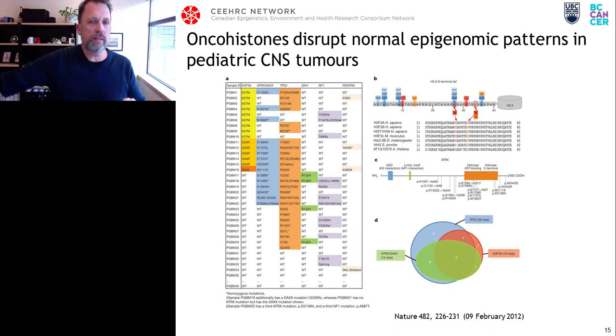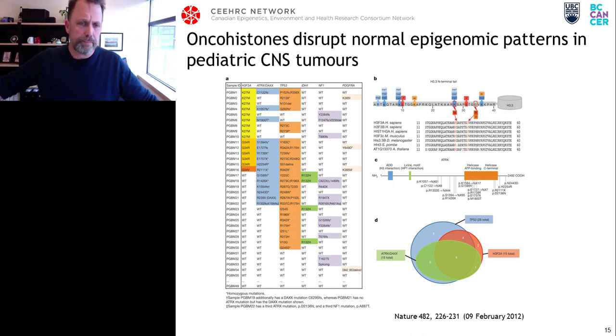And these are highly specific. So we see specific mutations to specific amino acids associated with a subtype of cancer, the subtype of a pediatric CNS tumor, which emerges in a particular area of the brain. So very highly specific tumors early in life, and again involve some epigenetic dysfunction.